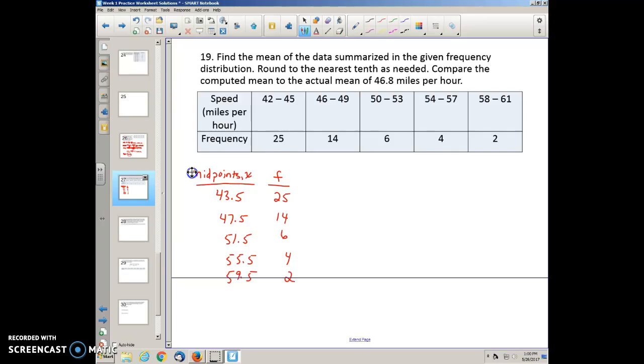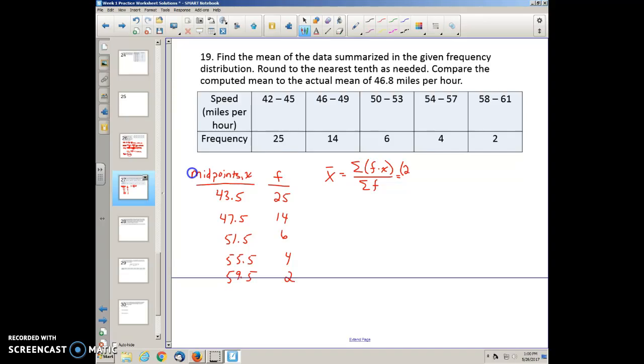The formula we use for mean is the sum of f times x divided by the sum of f. So we also need that value as well. So the sum of f times x, I will not write the entire thing out, but I'll show you how I find it.